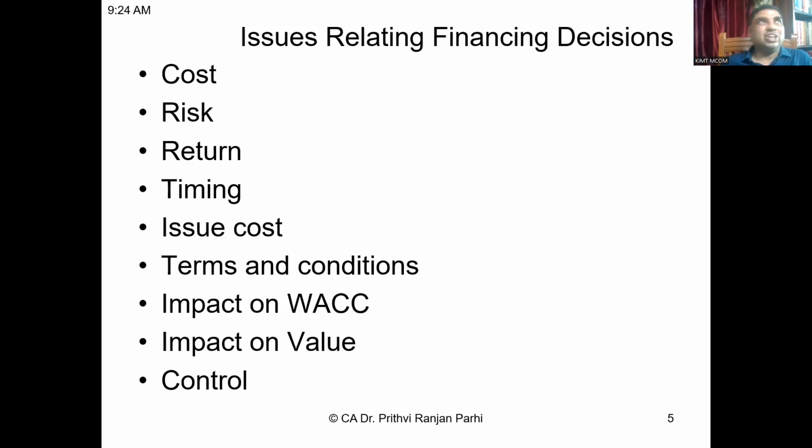One more issue is there, that is control. What is control? Let us say there is a company, there are only two shareholders. Both of them are holding 50-50%. You can say they are controlling the company. Let us say they are inviting one more investor. An investor is coming, which is investing some amount at 20%. That means 20% will be taken by him. Another 80% will remain. 80% will be distributed among these existing two shareholders, 40-40.